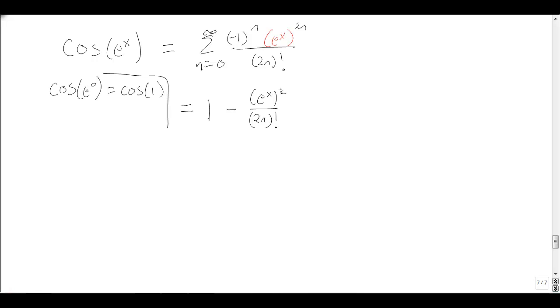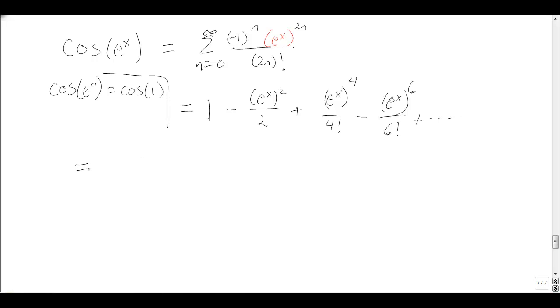Instead of writing that as e to the x squared, well, let's just leave it there. e to the x squared here, plus, not over 2n factorial, over 2 factorial, and 2 factorial is 2. Plus I'm going to get an e to the x quantity. When n is 2, 2n is 4, 4 factorial. Minus e to the x to the 6th over 6 factorial. And then there's some other stuff here.